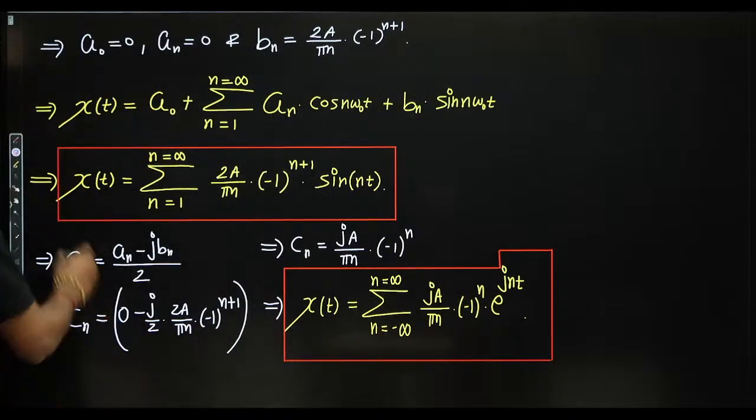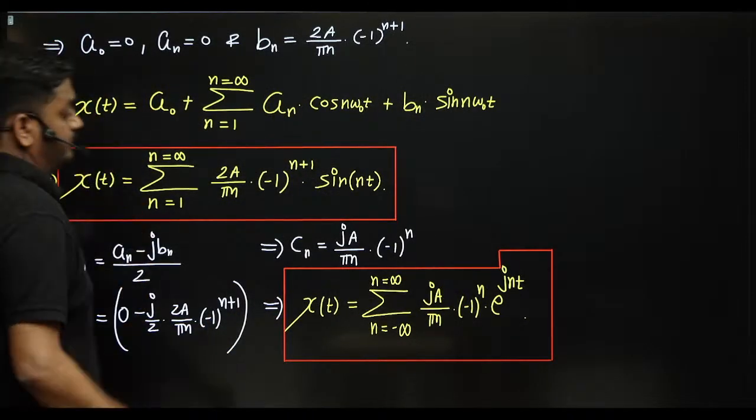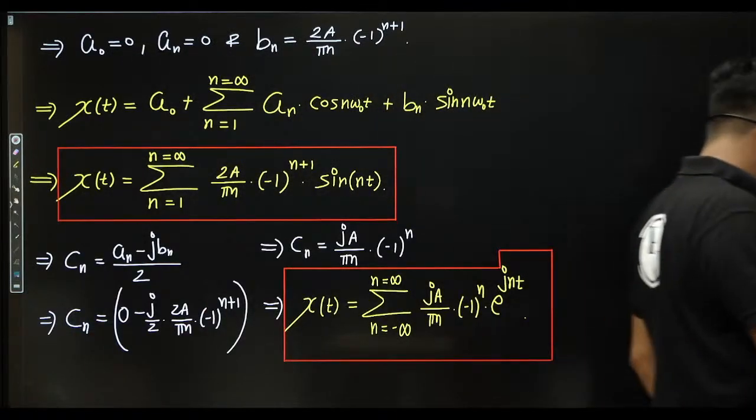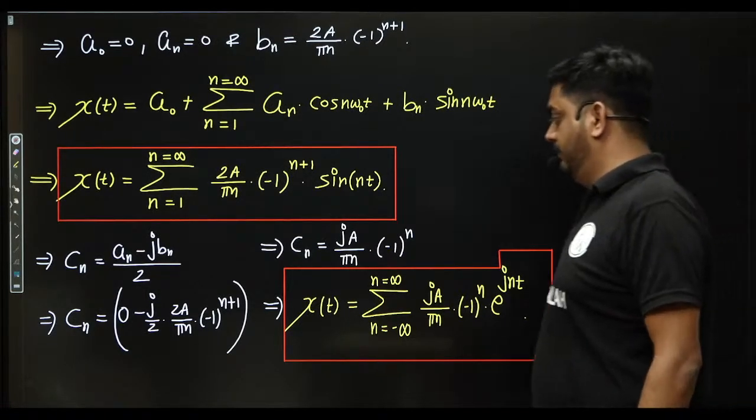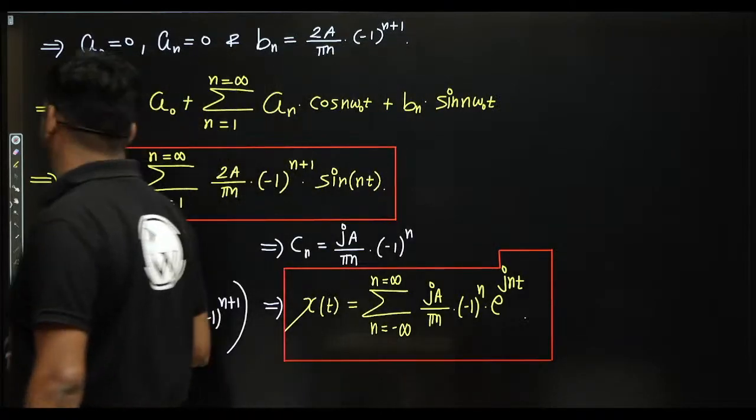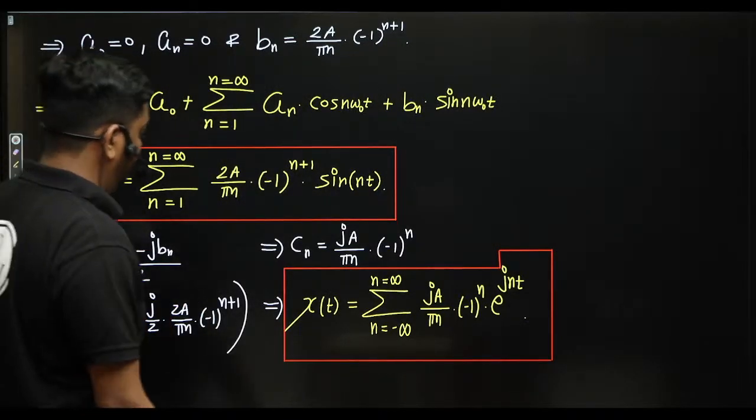Got it, Sinchan? You got the point? From an and bn we found the value of Cn. Clear?